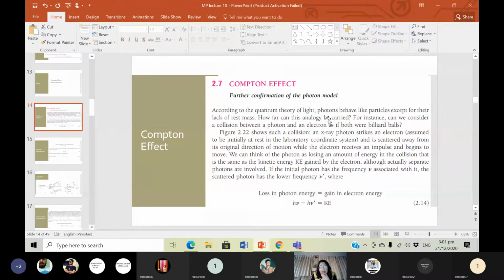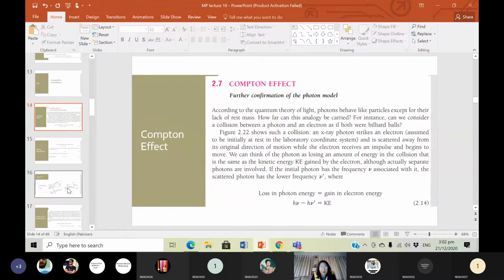The quantum theory of light says that photons behave like particles, except for their lack of rest mass. Photons obviously do not have mass, they're massless particles, but they behave like particles. And the Compton effect is one of the effects that explains the particle properties of light.